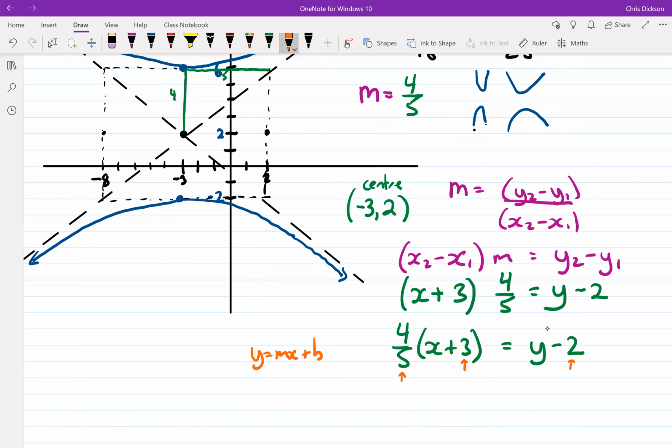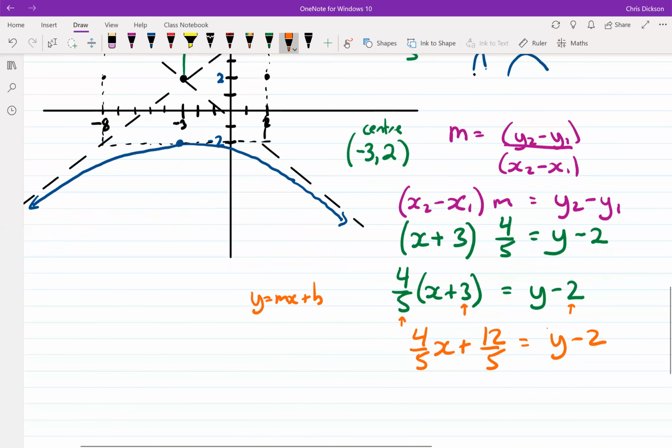So you would distribute the 4 over 5 in. So you get 4 over 5 x plus 12 over 5, because 4 over 5 times 3 would be 12 over 5, equaling y minus 2. And now bring the 2 over.